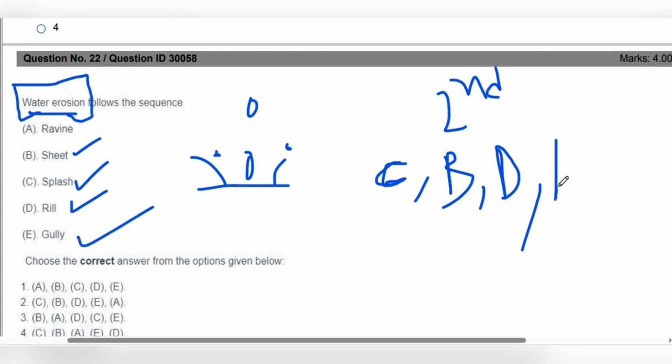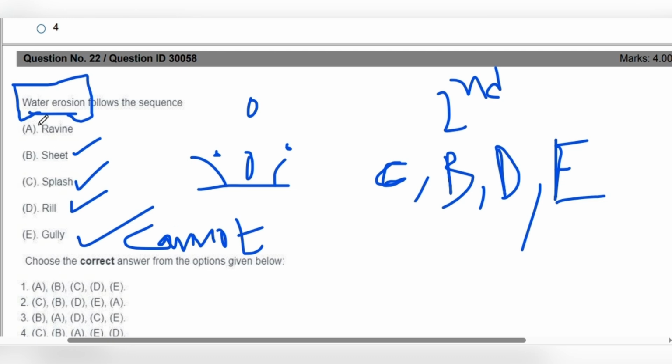Rills, if unattended or not managed, will develop into gully. Gully erosion cannot be managed by simple tillage practices. Gully erosion requires costly engineering measures or proper engineering structures for control. Gully erosion cannot be controlled by simple tillage practices.